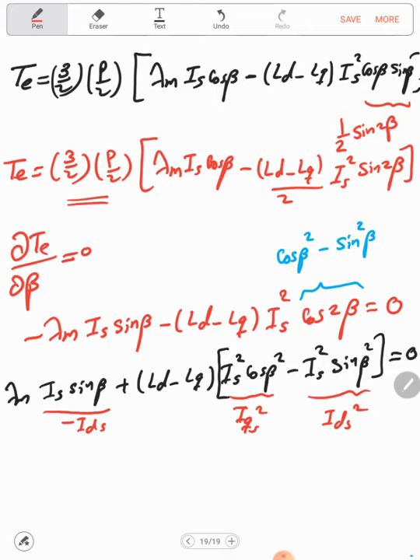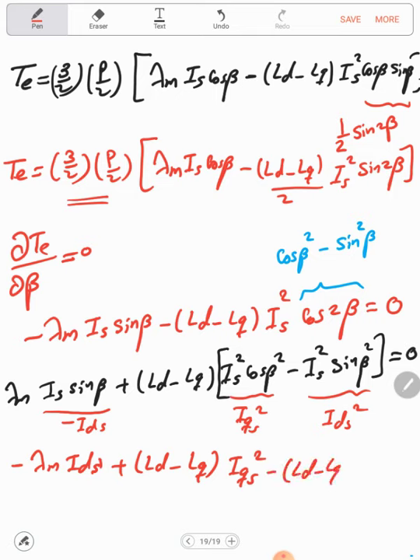So now we can write it as, so this is minus lambda m IDS plus LD minus LQ IQS square minus LD minus LQ IDS square equal to 0.